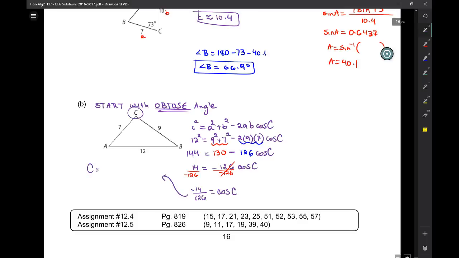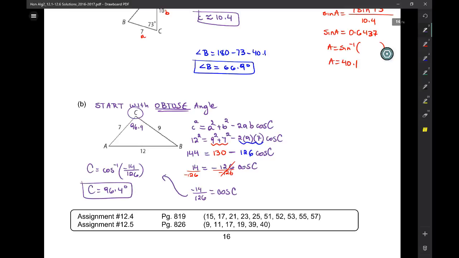So C is the inverse cosine of negative 14 over 126. 96.4 degrees. So it was obtuse, after all. Right? By 6.4 degrees.